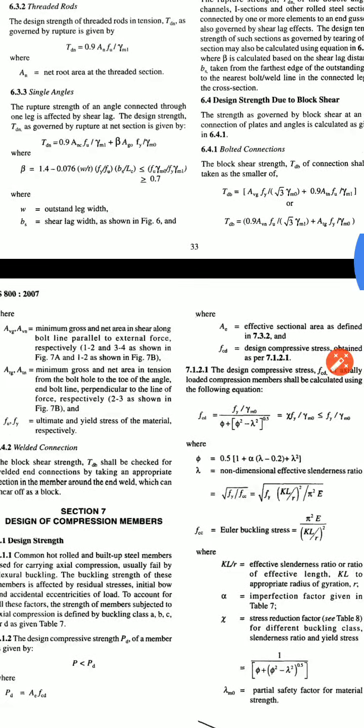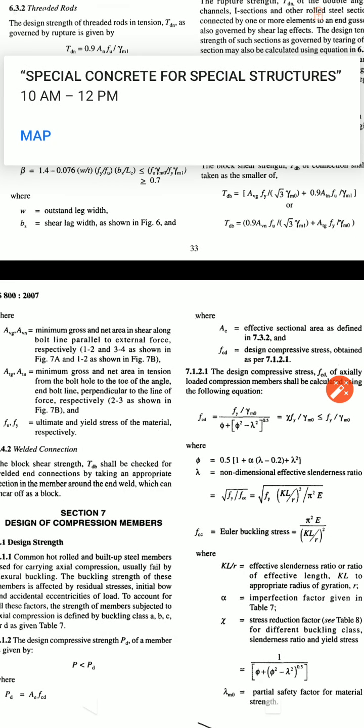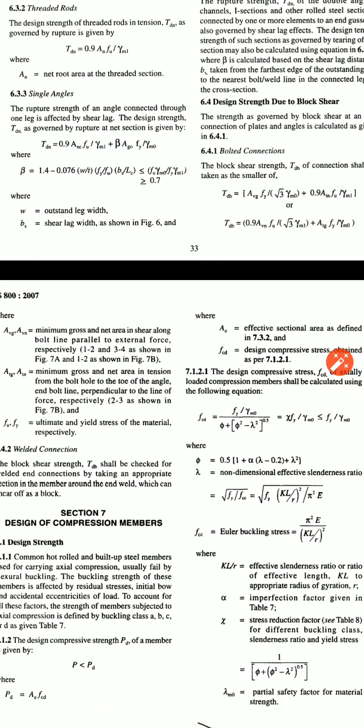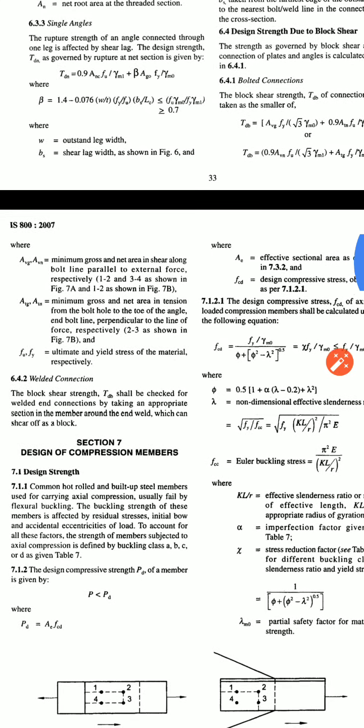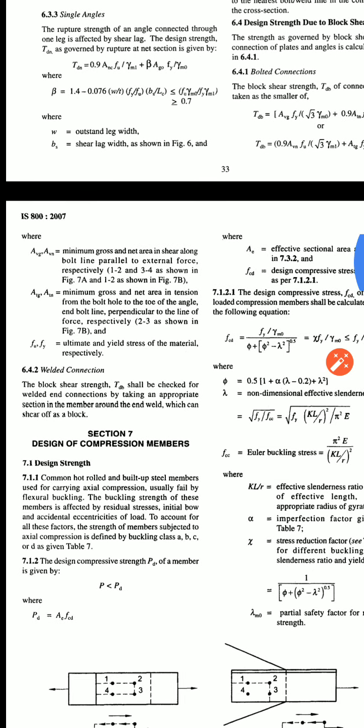All the terms are there. Avg and Avn: A is area and V is shear. That is, area along shear, net area along shear and gross area along shear. V is shear and g is gross area. So Avn is the net area along shear. Next, Atg is the gross area along tension.